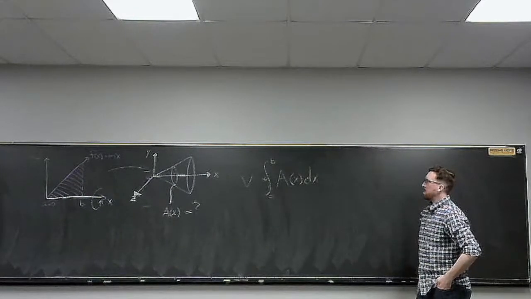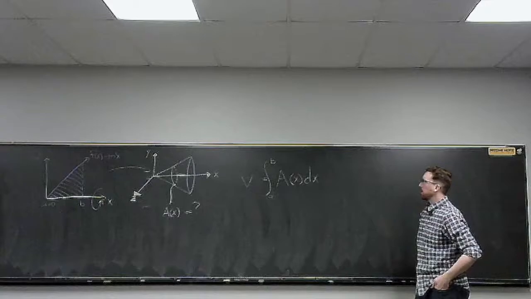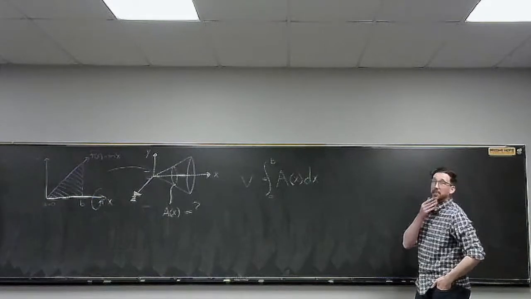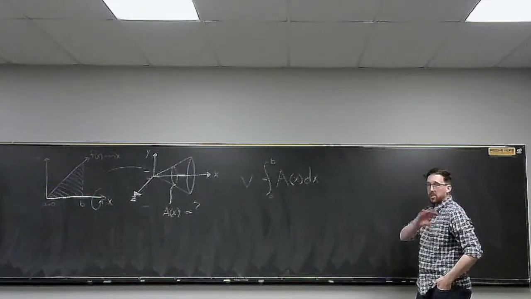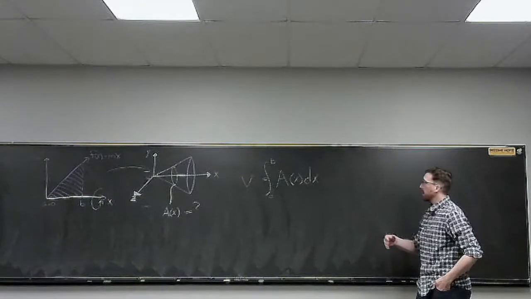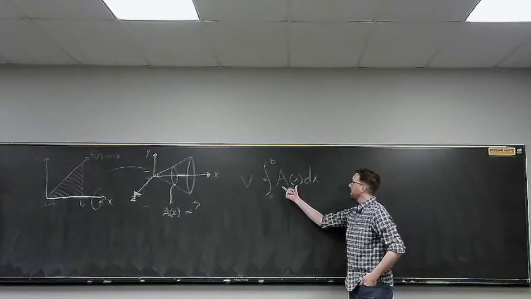How does that help? Well, it gives us the structure we need to start with. We know what the integral needs to look like, and we need to figure out what this area of x is.